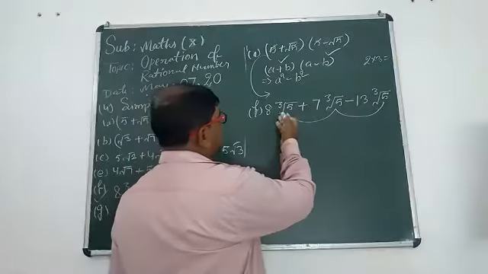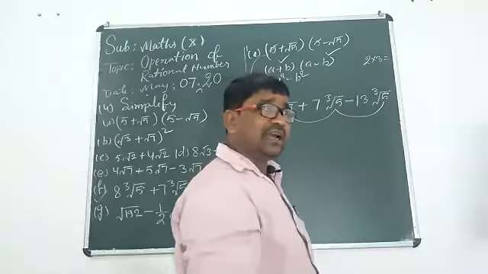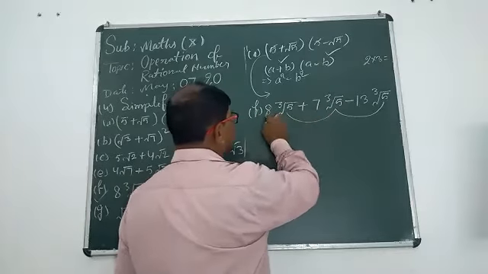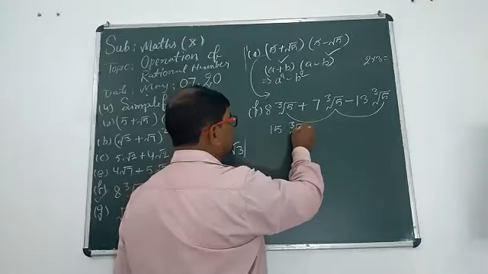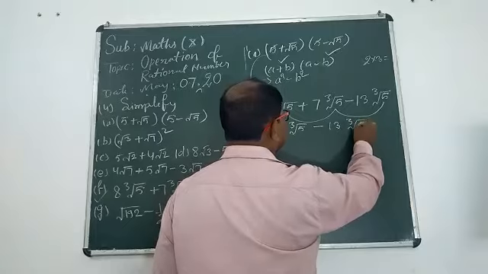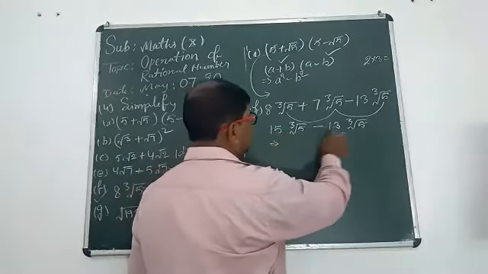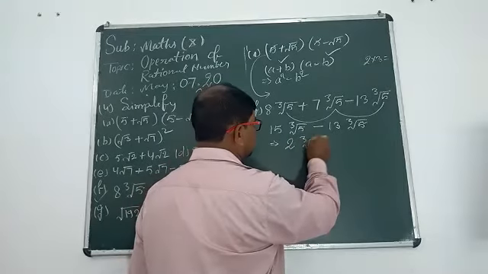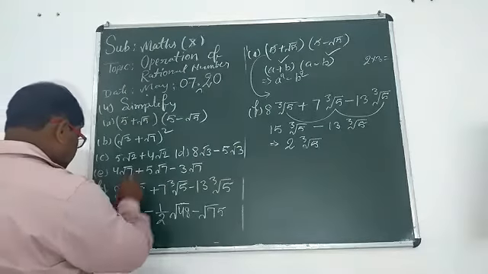We can read it as 8x plus 7x minus 13x. These two surds are positive, so 7 and 8, 15 multiply third root 5 minus 13 multiply third root 5. Now subtract it. 15 minus 13 equal to 2 into third root 5. That is the simplification.